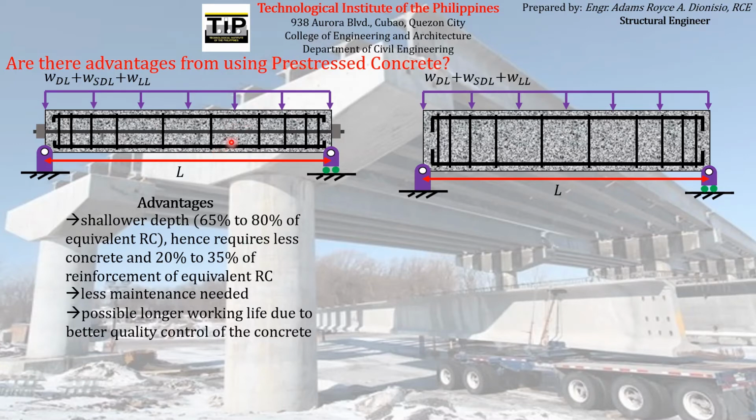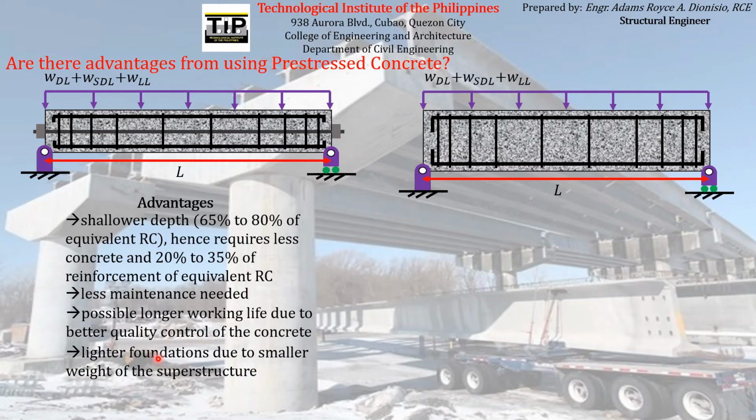So construction of prestressed concrete requires extensive or strict quality control in terms of the quality of the concrete, unlike on reinforced concrete. So the tendency is that since we have better quality control of the concrete, there is a possibility that the prestressed concrete will have a longer life in comparison with the equivalent reinforced concrete.